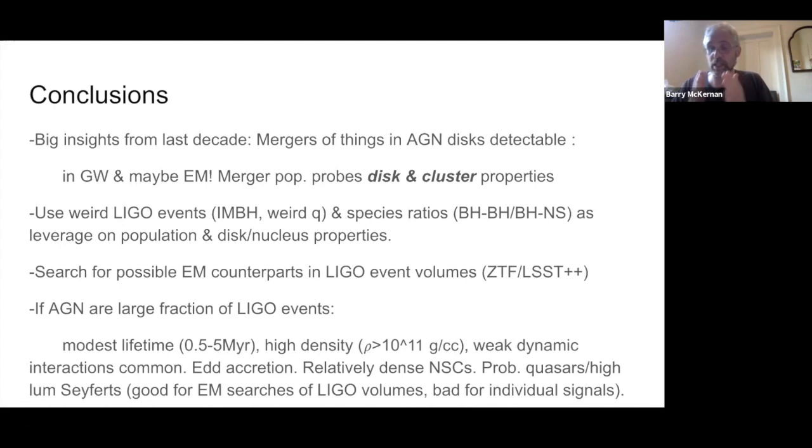So there's clearly this wide range of activity around supermassive black holes. It's not all long-lived. It's not all short-lived. It's a big AGN universe out there for sure.